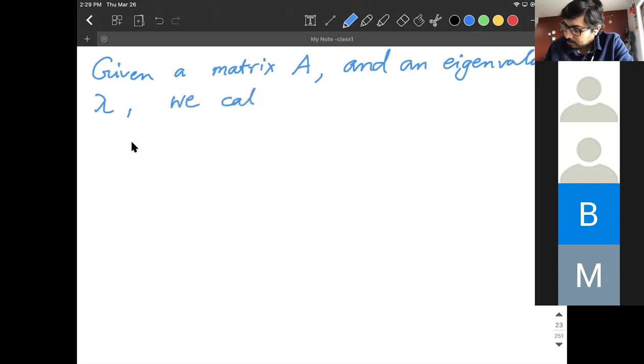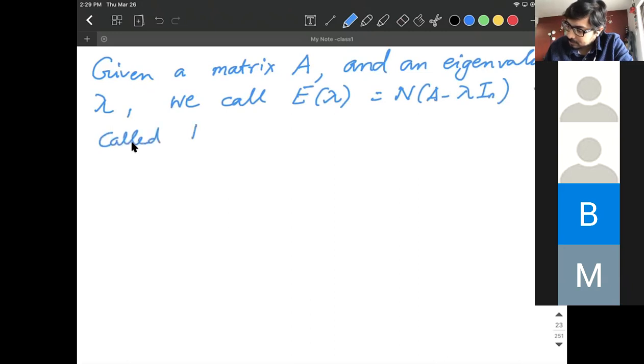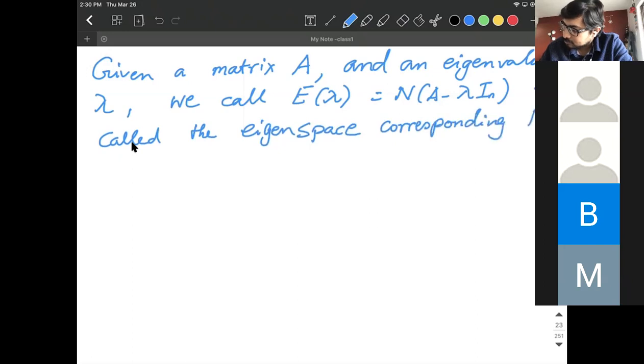We call this space, the null space of A minus lambda I, the eigenspace. Okay, so this is called the eigenspace corresponding to lambda.